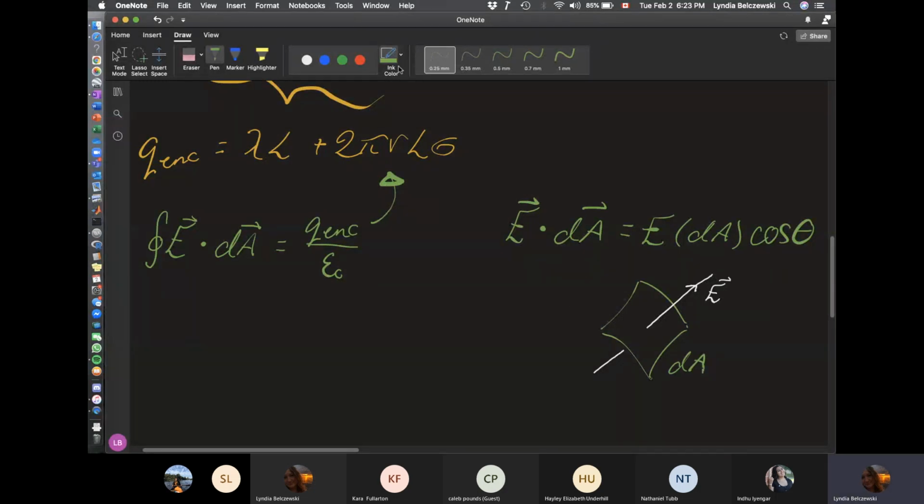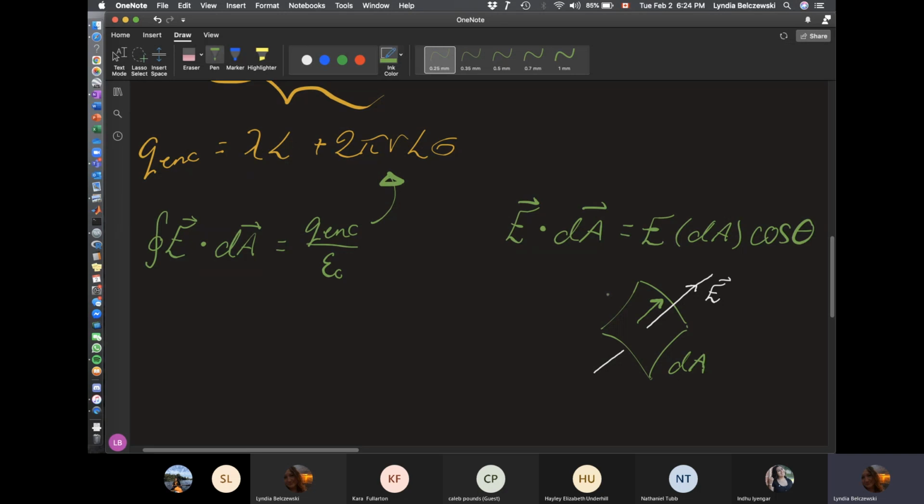It's hard to describe an area with just one vector, because you could say a vector that points in this direction is kind of parallel to the area, or a vector that points in this direction is also kind of on that area. So what we use instead is one vector that's perpendicular to the area, a normal vector.